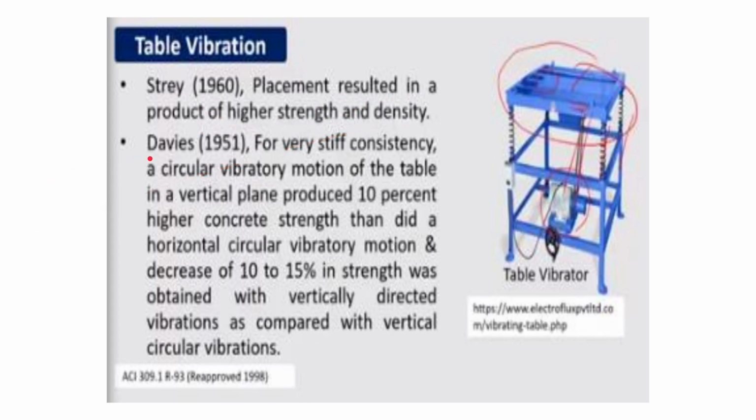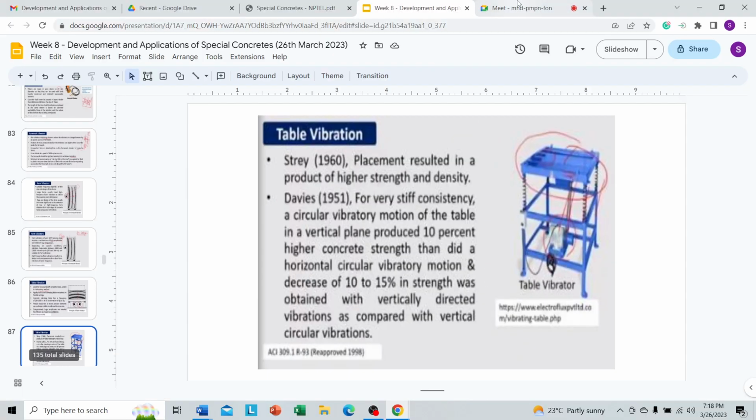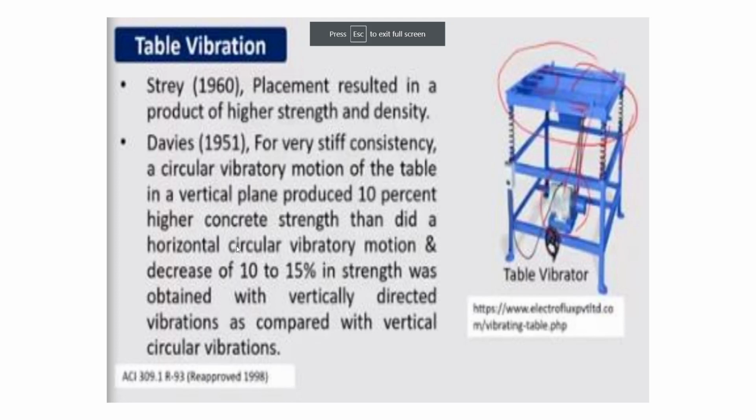And as per Davies in 1951, for a very stiff consistency, a circular vibratory motion of the table in a vertical plane produced 10% higher concrete strength than did a horizontal circular vibratory motion, and a decrease of 10 to 15% in strength was obtained with vertically directed vibrations as compared with vertical circular vibrations. So these were some of the outcomes of research done on table vibration mechanisms.